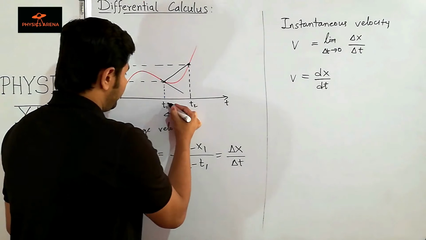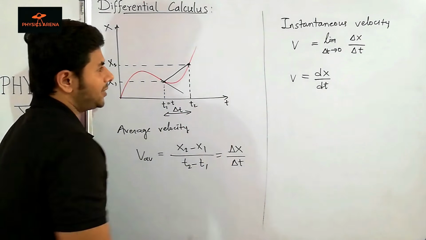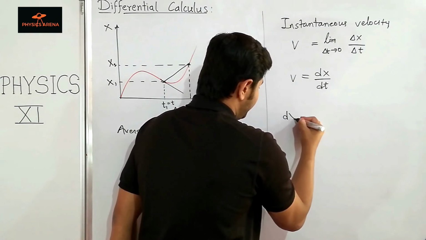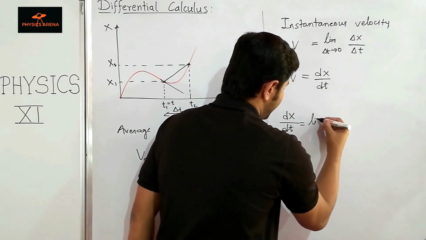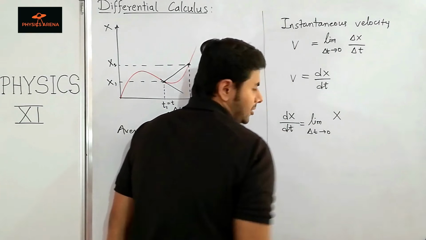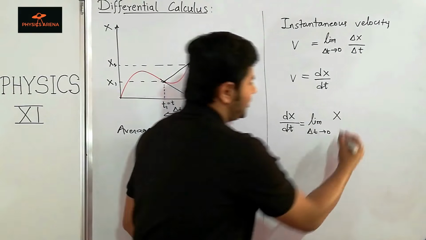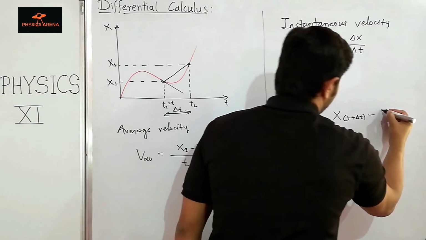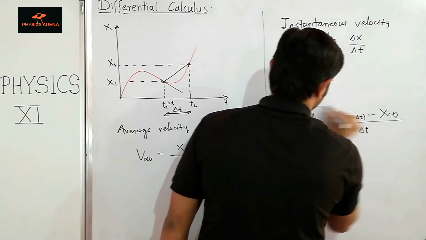So if t1 is equal to t, t2 will be equal to t plus delta t. So I can rewrite this formula for derivative. So dx over dt is equal to limit delta t tends to 0 of x2, which is x at time t2, and t2 is t plus delta t, minus x at time t, divided by delta t.